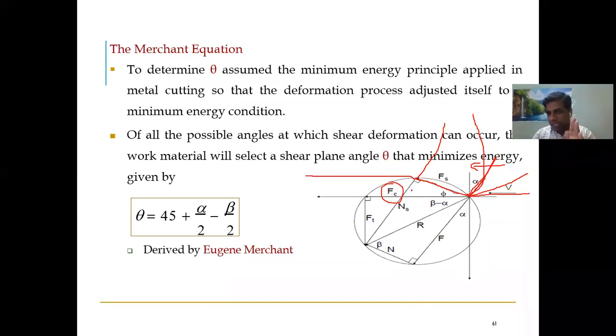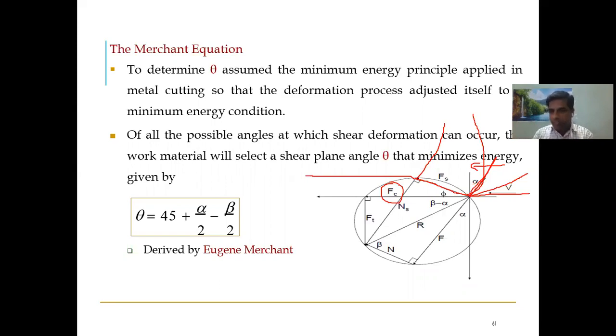The strength of the material: we assume this material is mild steel, so mild steel has some strength. If you know the strength of the material and the cross-sectional area at which you are cutting the material, then strength into area, F equals sigma into A, will give you the force.